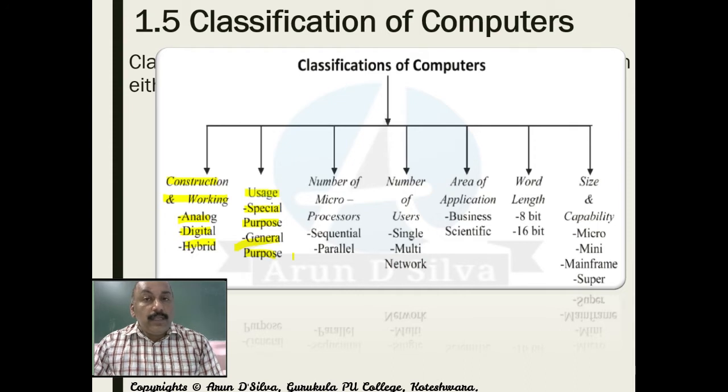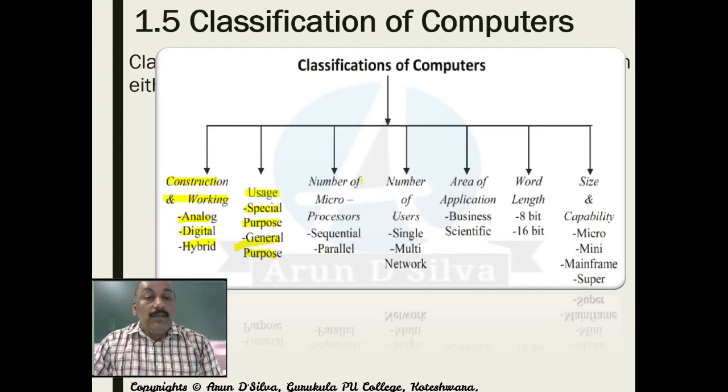Maybe you have seen a computer in an ATM center; that is special purpose, taken for a specific usage. There are some computers which will be used for that purpose only, and some other computers which can be used for any purpose, playing, editing, or coding. Based on the usage, computers can be classified this way.